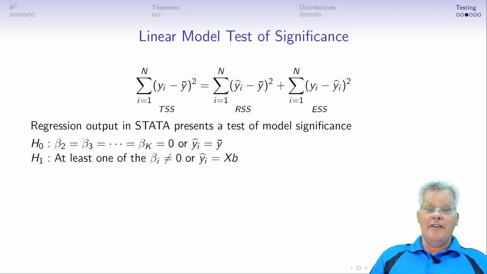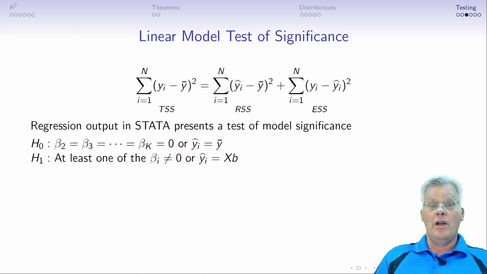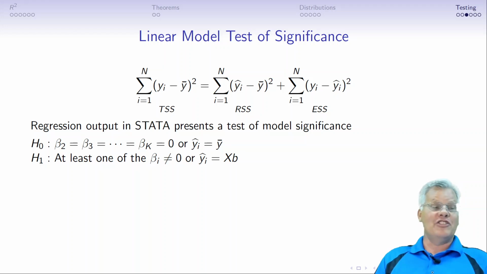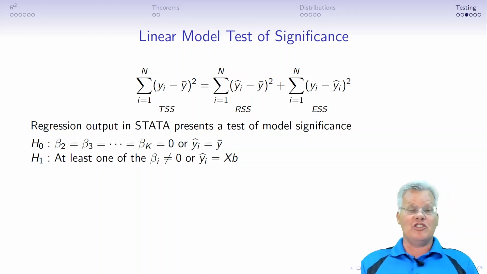Or another way of stating this, the regression sum of squares is equal to 0, and the error sum of squares, the unexplained variation, is the entire amount of variation in y. So the error sum of squares is equal to the total sum of squares.